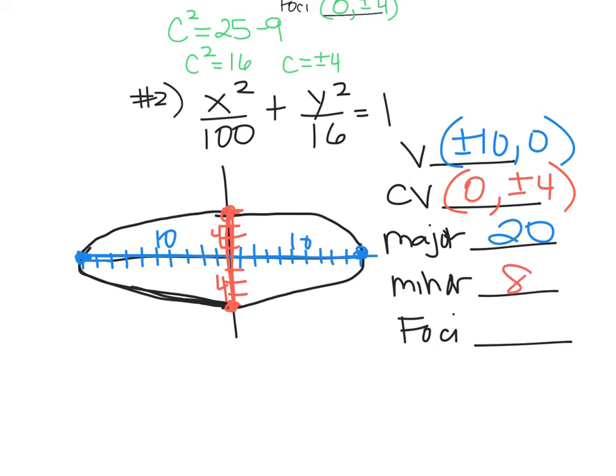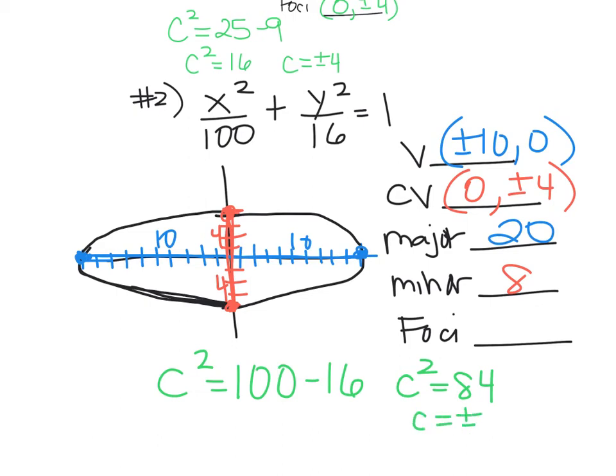All right, the foci, here we go. C squared equals big number minus small number. Okay, you do not need to memorize a squared minus b squared or b squared minus a squared. You just need to know that you subtract the big number minus the small number. And so we get c squared equals 84. Now, when you take the plus and minus square root of this, you get the plus and minus square root of 84.